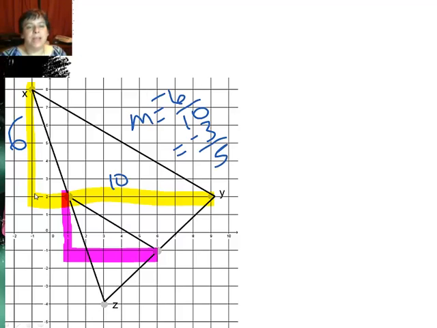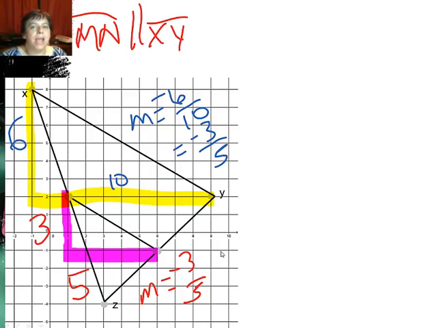So this rise is 6, really -6, and the run is 10. And my slope is -3/5. The slope for the midsegment, the rise is 3, or really -3, and the run's 5. So I have -3/5 as the slope. Since the slopes are the same, then XY is parallel to MN. So we actually have shown that part of the problem.